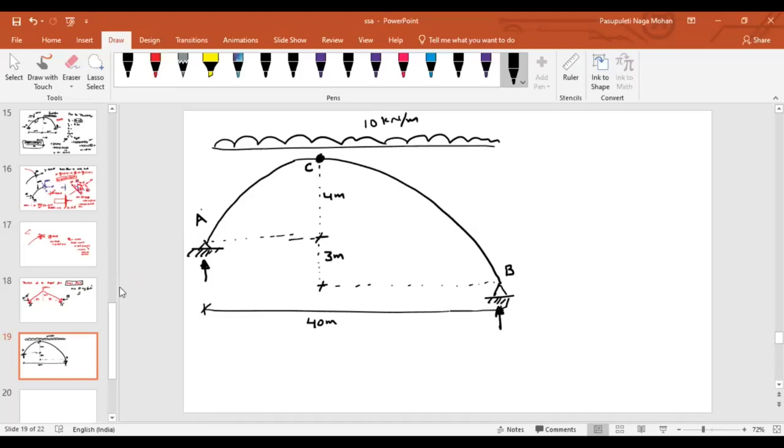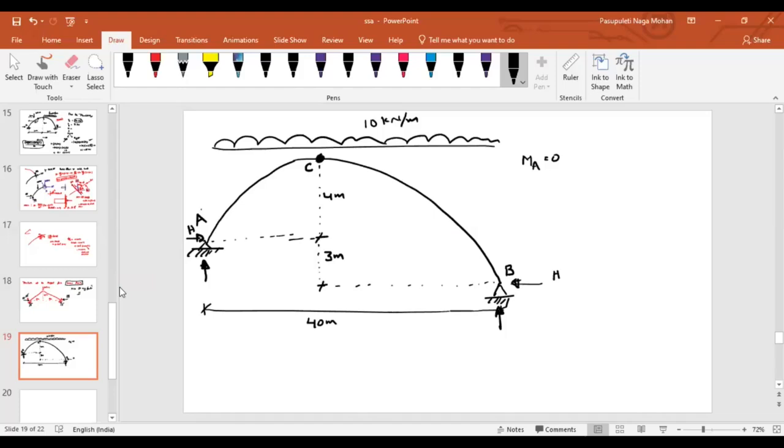Let us say, if I'm talking about moment at point A equal to 0, and this is the horizontal thrust. Do you agree that horizontal thrust should be the same on both sides, or will they be different? Different, sir. Look at the equilibrium equations. Other than horizontal reaction at A and horizontal reaction at B, are there any other horizontal forces?